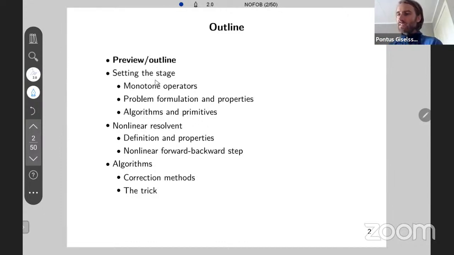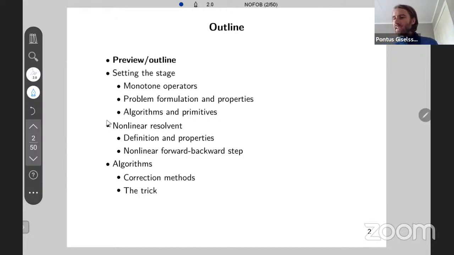After we have done this background, I plan to have a short break somewhere here before we go on to some new stuff. This is essentially known things that you can read in some advanced books on optimization. For instance, Rockafellar's convex analysis book, or there is a book by Bauschke and Combettes that takes this into very high mathematical detail, and also other sources. And you can see parts of it also in Stephen Boyd's book.